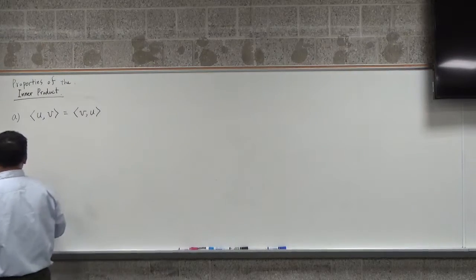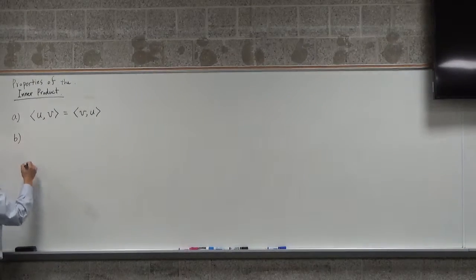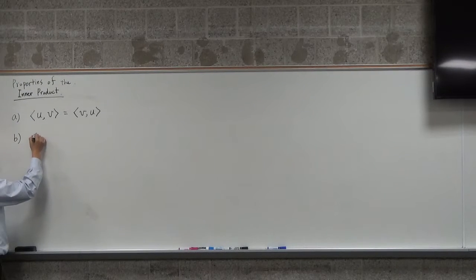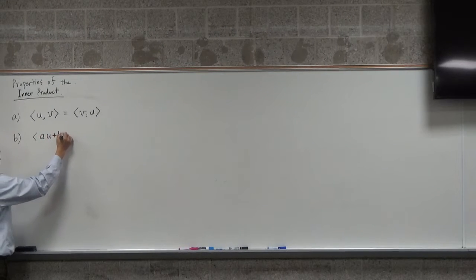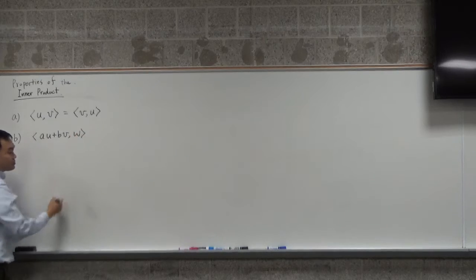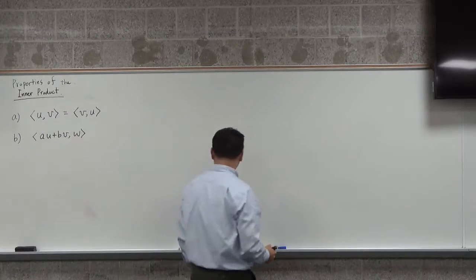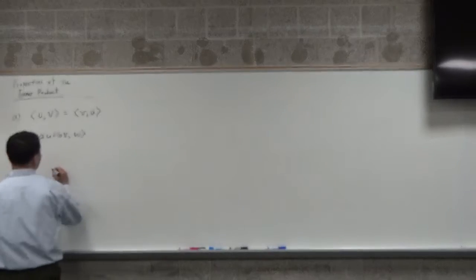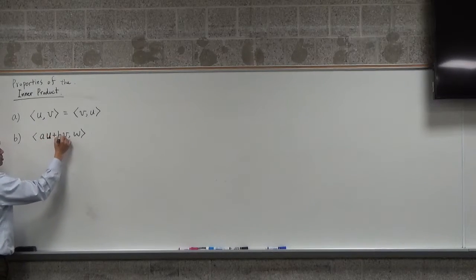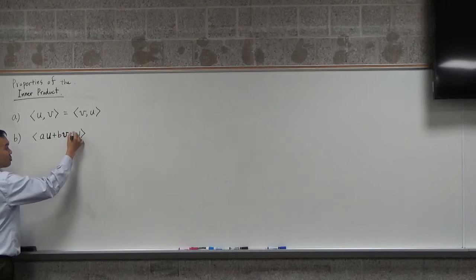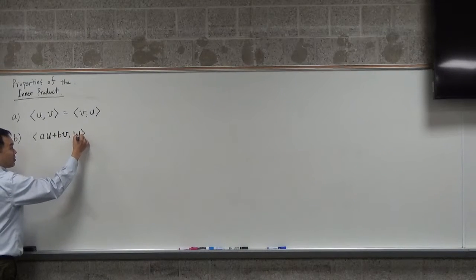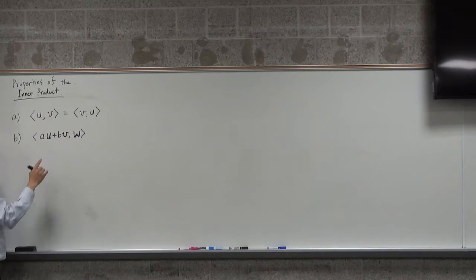Right, so that's true. Another thing is that in each of these arguments, it's linear. So, for example, if I have AU plus BV with a W, where U, V, W are vectors, if this was written in a textbook, it would be all boldface font, and A and B would be regular face, so you know that these are scalars and U, V, W are vectors.